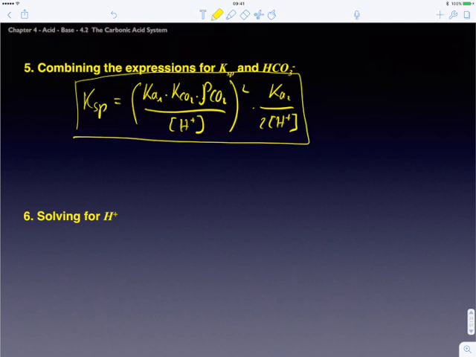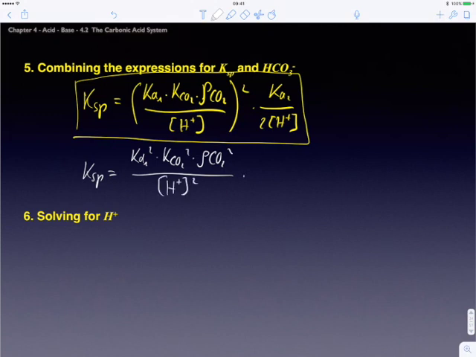And the next step is to solve for pH, if you want to know what is the pH of a solution in equilibrium with calcium carbonate. That means in our example we have KSP equal to Ka1 squared times KCO2 squared times PCO2 squared divided by H+ squared, times Ka2 divided by 2H+.